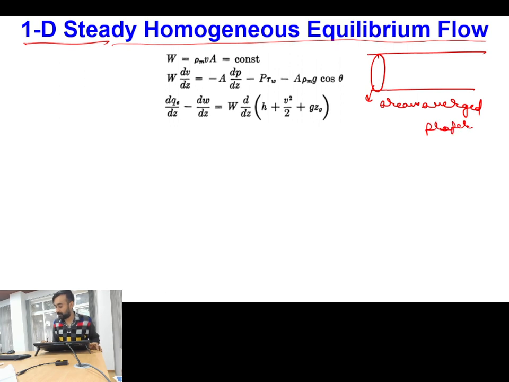We have already talked about this. One dimension meaning is we are not seeing variation with area. We are only seeing the variation along the length of the pipe at different points along the length of the pipe. Okay. So that's why whenever I will be writing the governing equations over here, I will be writing one dimensional governing equations. Okay.